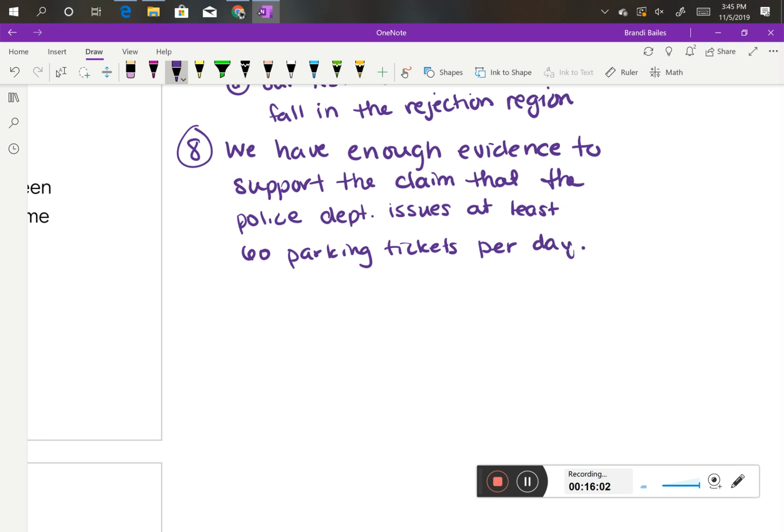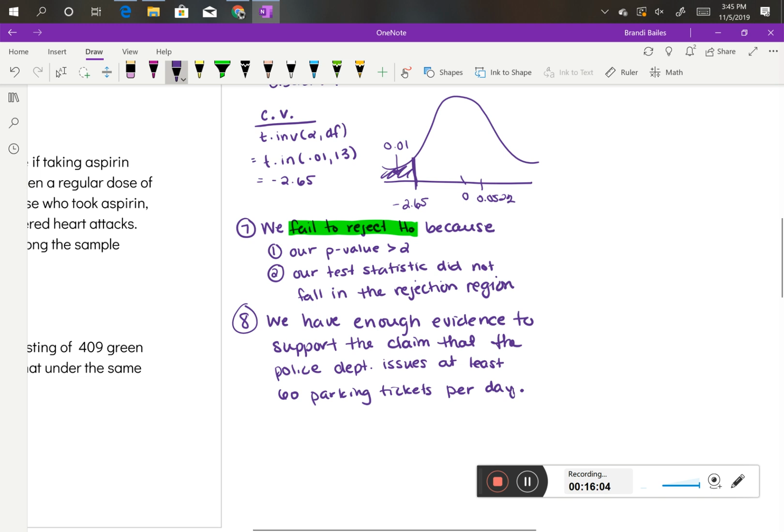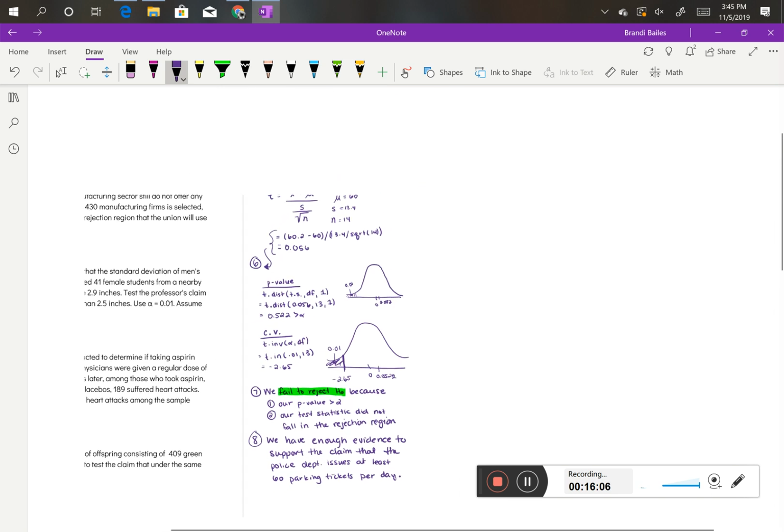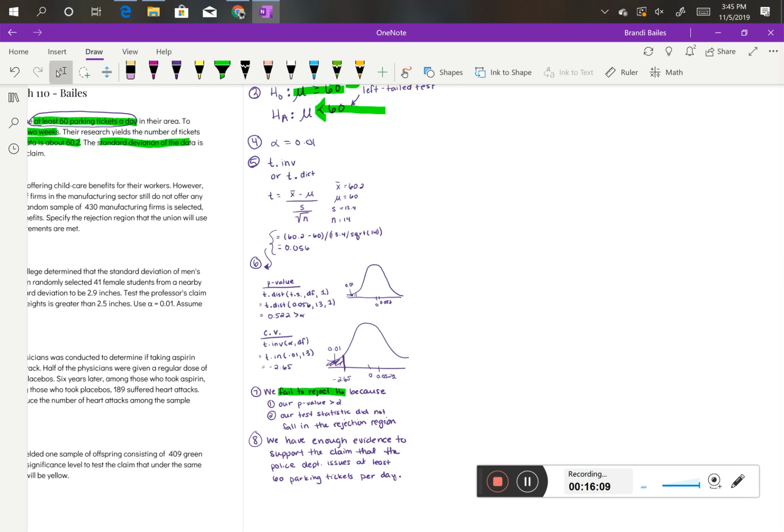Okay, and that is a complete hypothesis test with all 8 steps representing the algorithm for being able to complete the test.